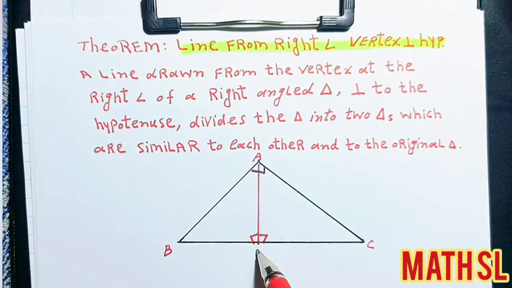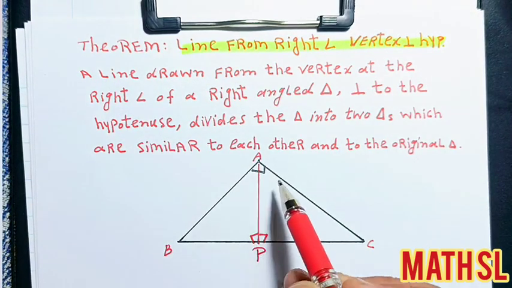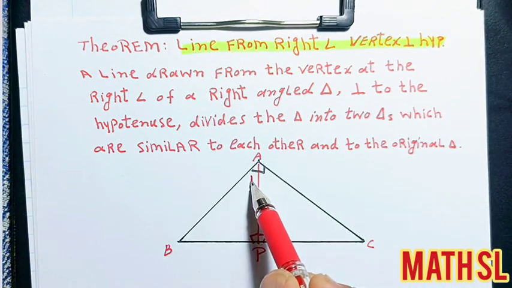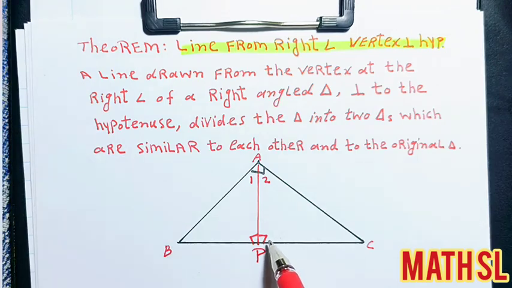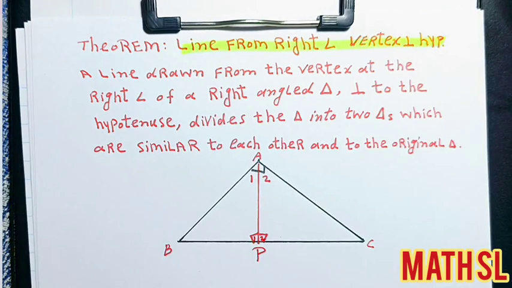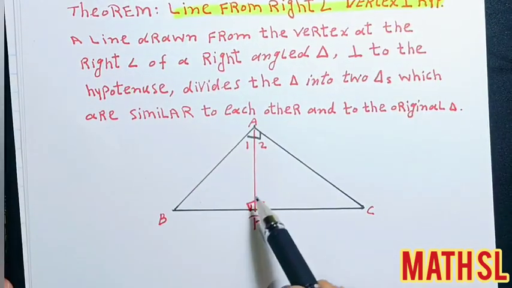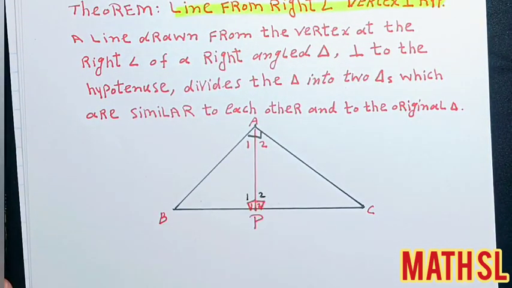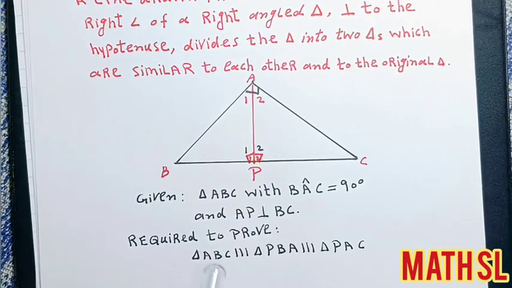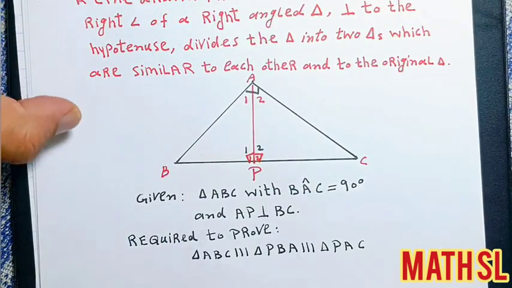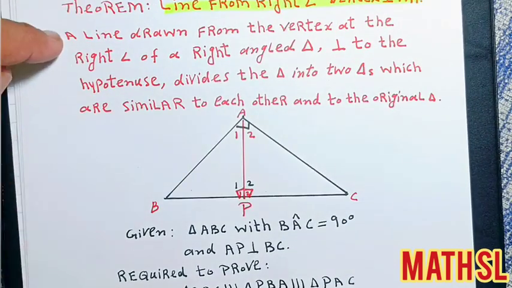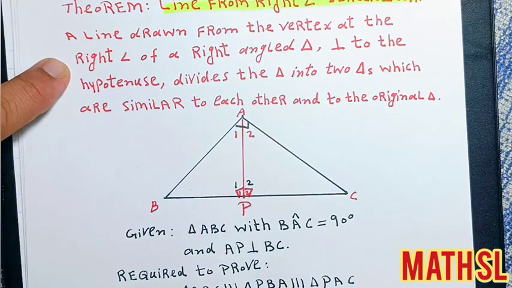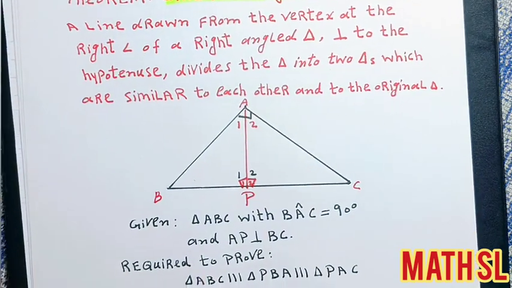This is P. So this is your angle 1, this is 2, and then we have P1 and P2. Remember this is your angle 1, and this is your angle 2. This is the question they will give you, in the definition of the theorem.